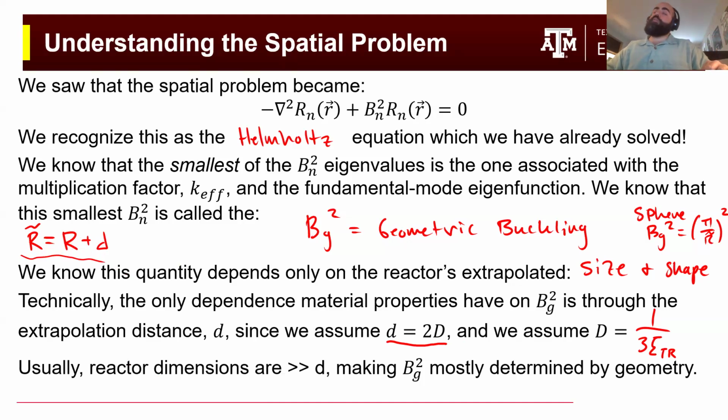The smaller the reactor is, the smaller the value of big R, the more this buckling would end up depending on the material properties of the reactor. But for most big reactors, big R is much greater than the extrapolation distance. Therefore, the extrapolated radius is mostly determined by geometry.